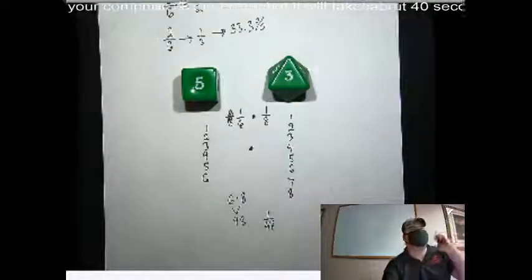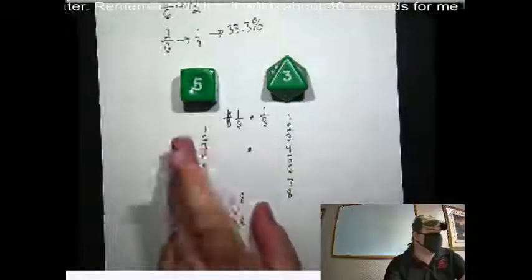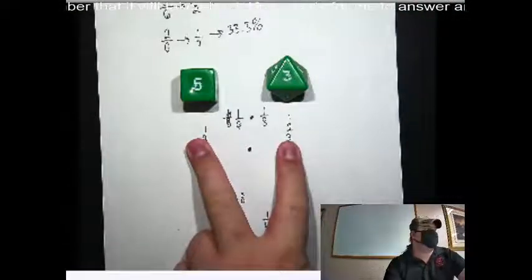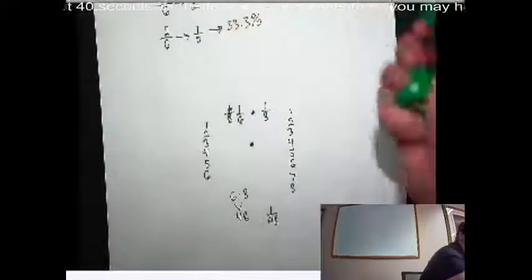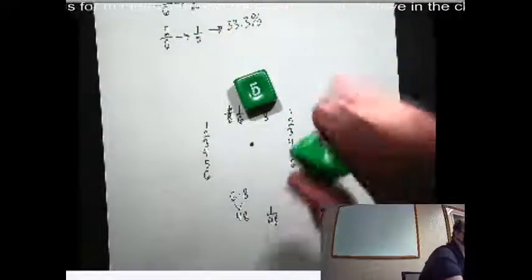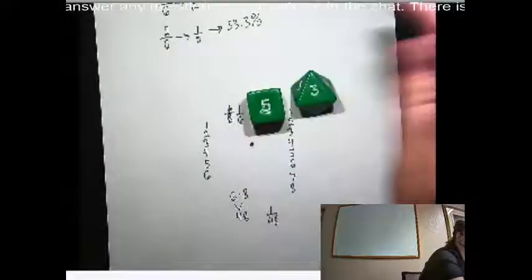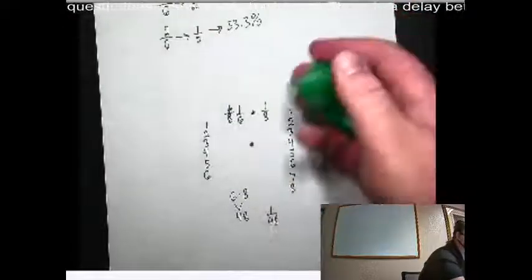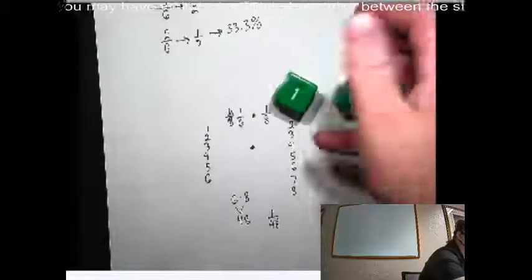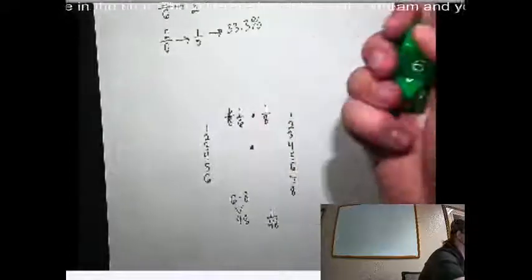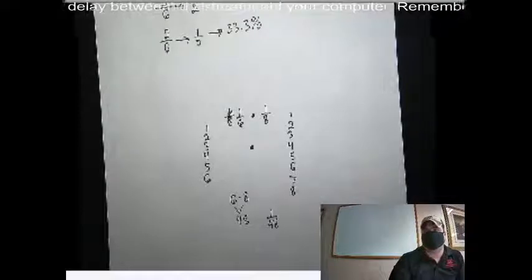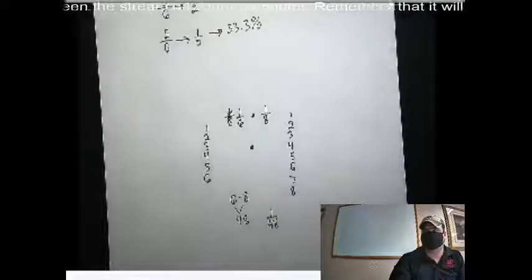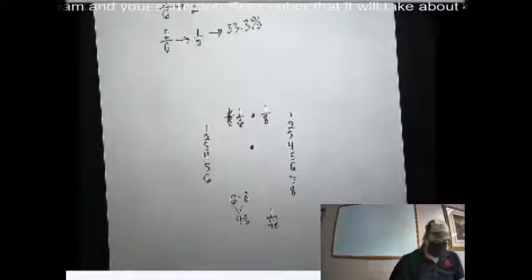Because there's only one way for me to roll this and get a 5 on this and then a 3 on this. And then how many total possible outcomes are there? There's 48. So it's 1 out of 48. Does that make sense? Yeah? Okay.